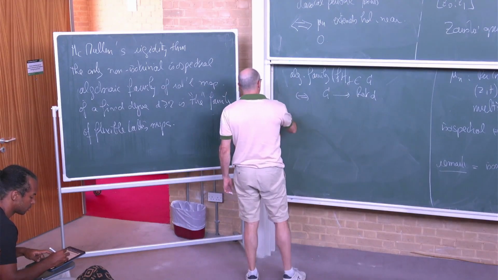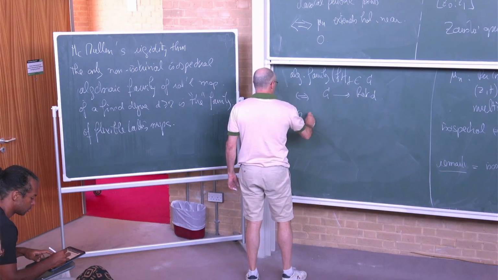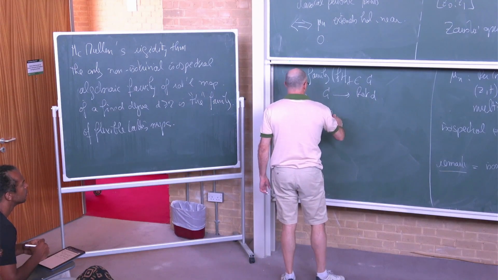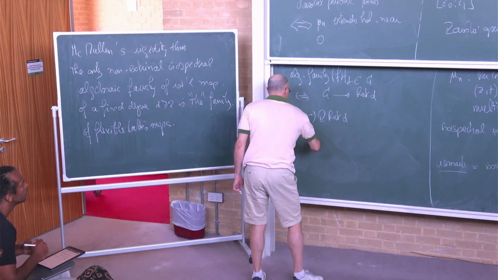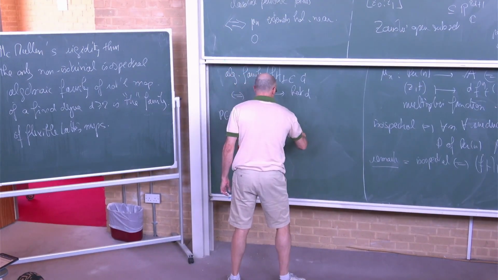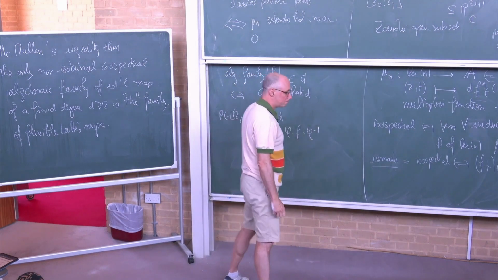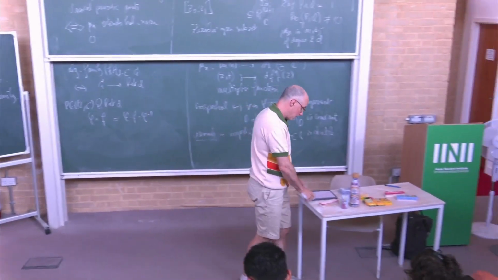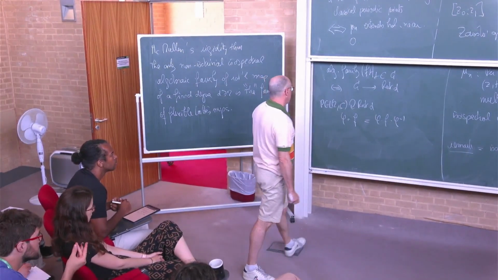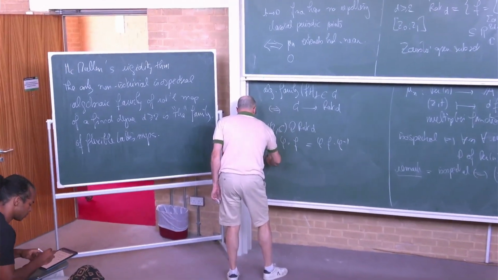So you're going to look at the action by conjugation of the group of Möbius transformations. So phi acts on F, maybe on the left, so phi F phi^{-1}. And so you're interested in the set of conjugacy classes of rational maps of degree D. So there is first a thing by Hilbert.